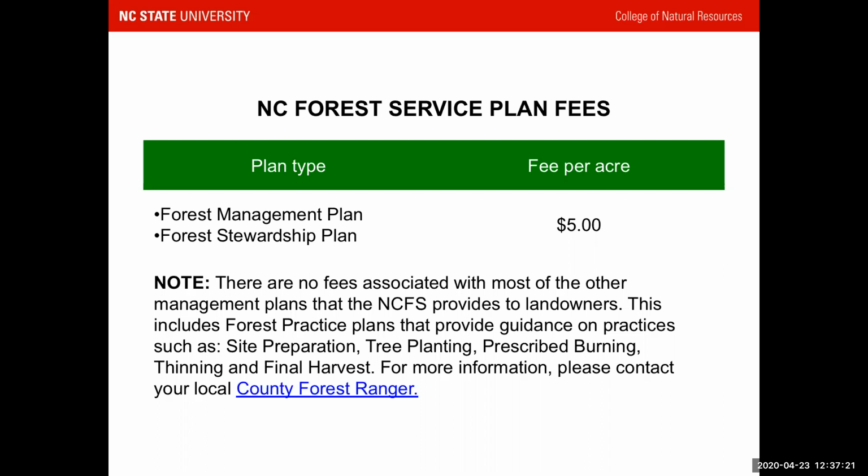This includes a site preparation plan, a tree planting plan, a prescribed burn plan, a thinning or final harvest plan. All those can be done at no cost, but those are very specific types of practice plans. And your local county forest ranger is the first point of contact for the Forest Service.